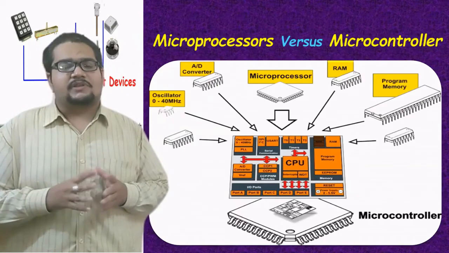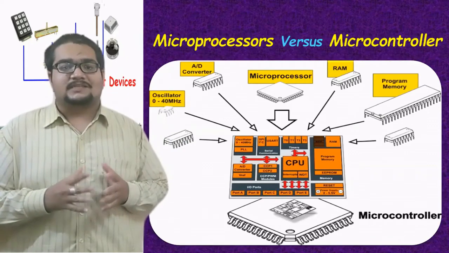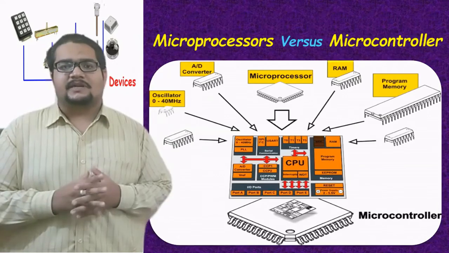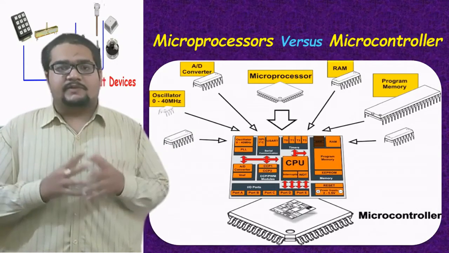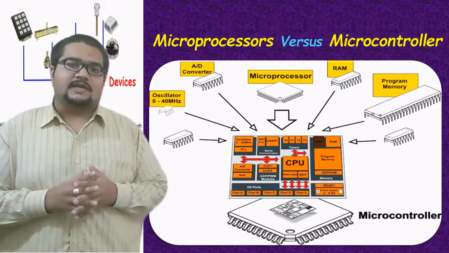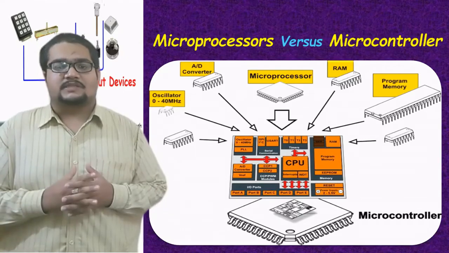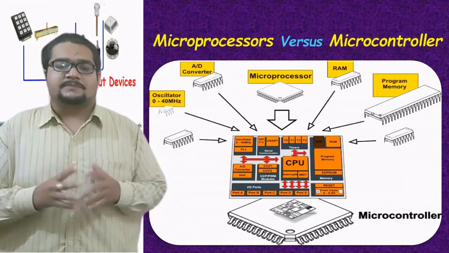In a microcontroller, you can see that even a microprocessor can be said to be a part of it. Obviously, the processing, the efficiency and the speed will be different for different devices. Microprocessors in general are meant for very high efficiency and general purpose use, and microcontrollers are meant for working on a specific task with full efficiency.